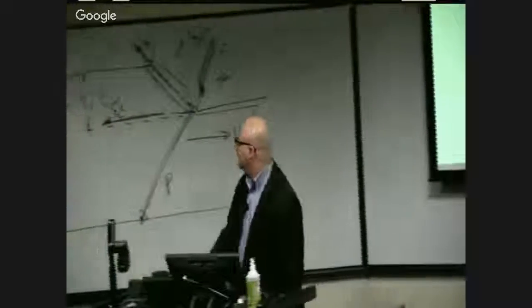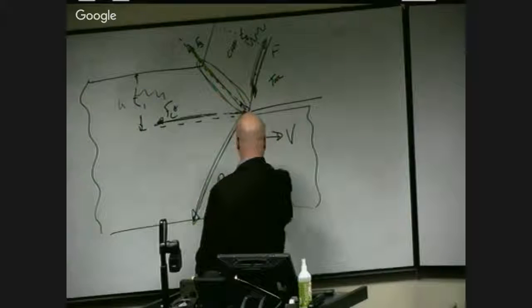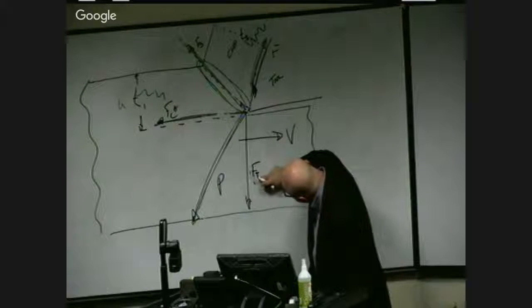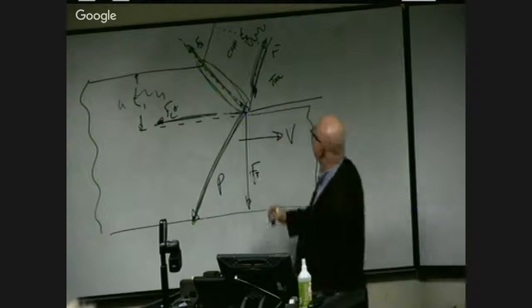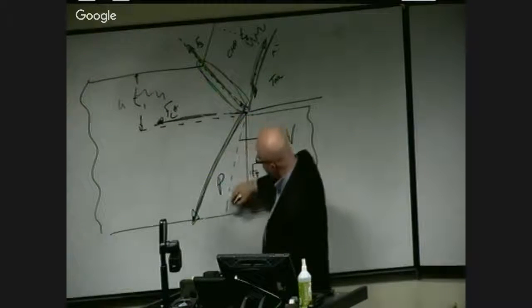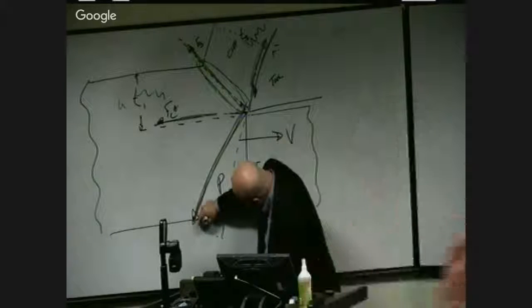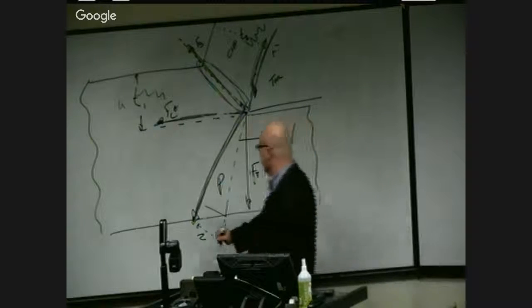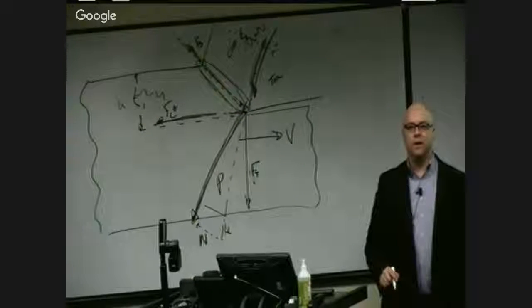Now, turns out if I take my cutting force and I add to it a thrust force, those two add together and equal P. If I take my friction force, which is going to line up with this rake angle here, and I take my normal force, those two add together and equal P.